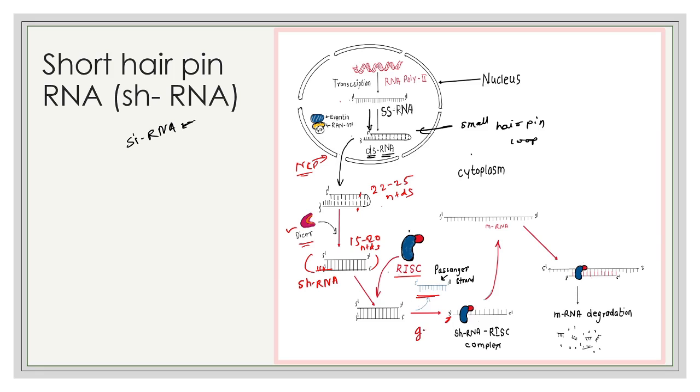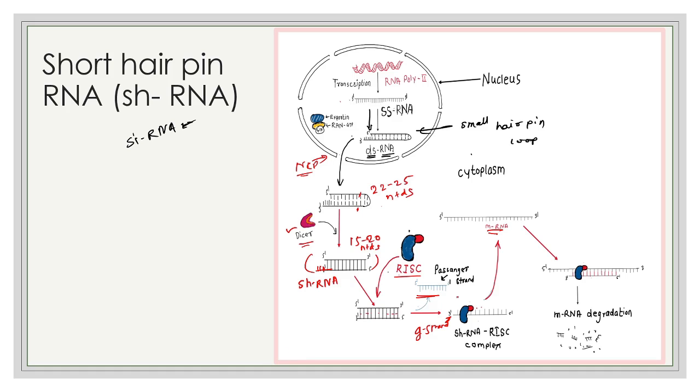The passenger strand leaves the assembly and the guide strand remains there. In the RISC complex, Argonaute and slicer play an important role in unwinding these two strands, and Argonaute performs the RNase H activity. RNase H has the capability to break a single strand.